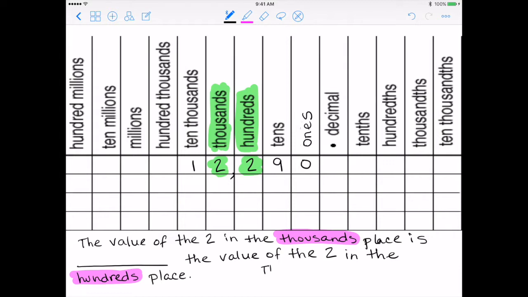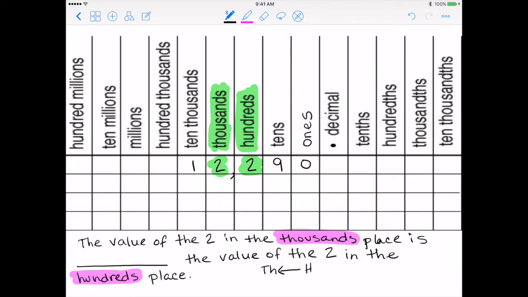Thousands. So I'm going to put a TH for thousands. And the second word in the prompt is hundreds. Now, I want to stop and think, which one has the greater value? Thousands or hundreds? In this case, it's thousands, so I want to point my arrow to the thousands place.